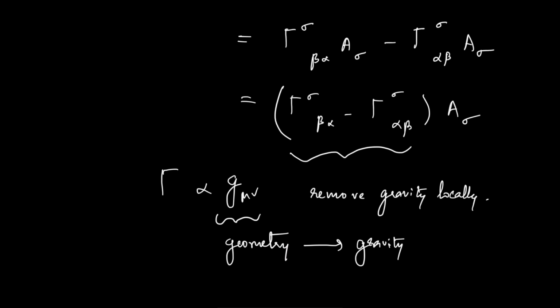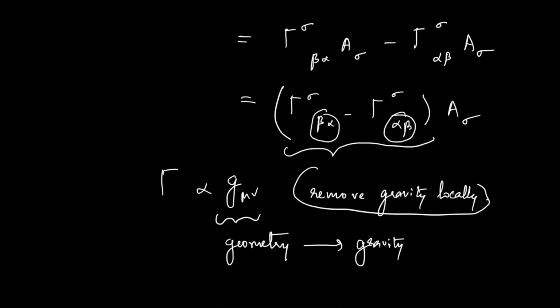Geometry and gravity are connected. So this term can be made to vanish by assuming symmetry, so beta alpha is equal to alpha beta. That happens only when you remove gravity locally. Otherwise, it is not possible.